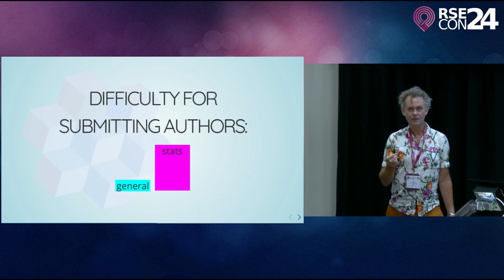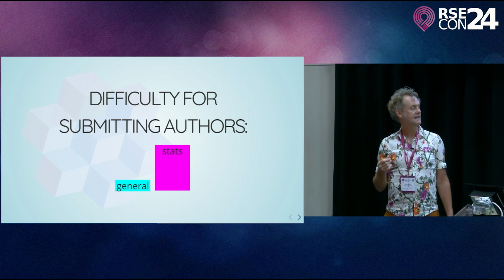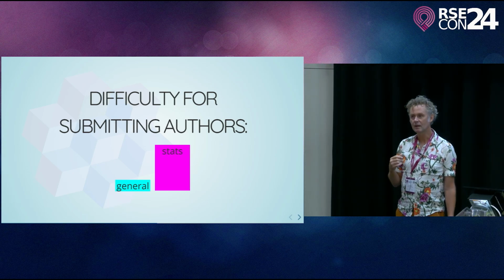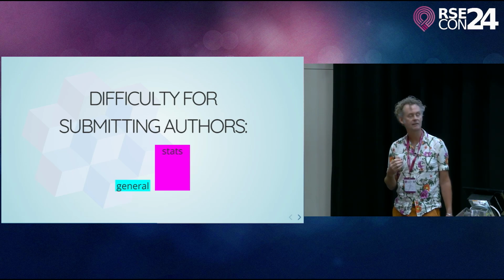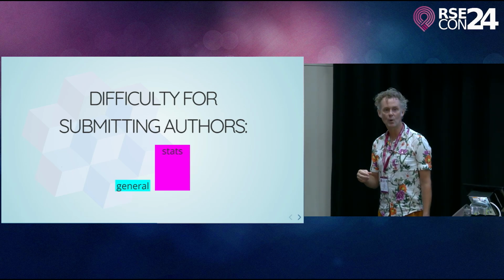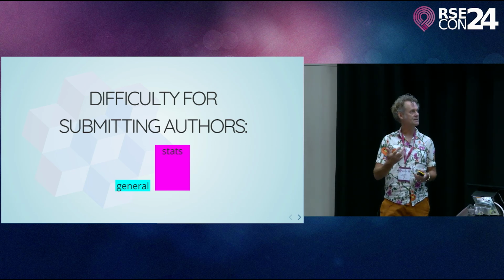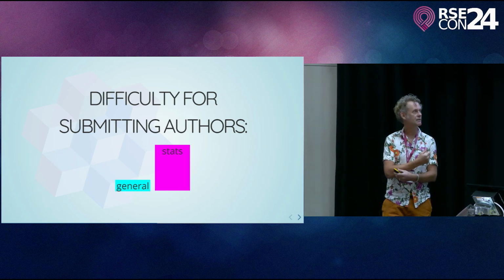What this does, through us requiring authors to fulfill all of these standards, is place a much higher burden on the authors of software when preparing it for review. So statistical software authors have to jump a much higher hurdle than authors of general software submitted to the general review process.